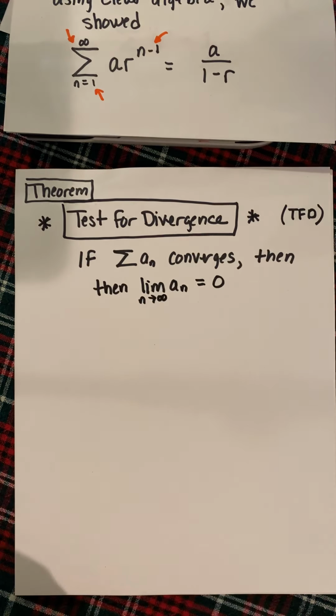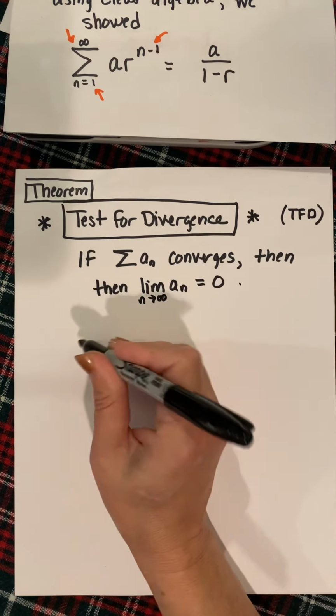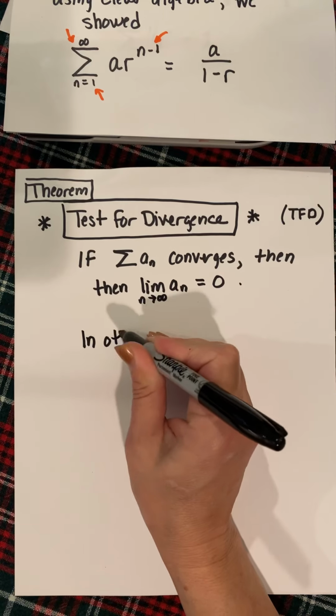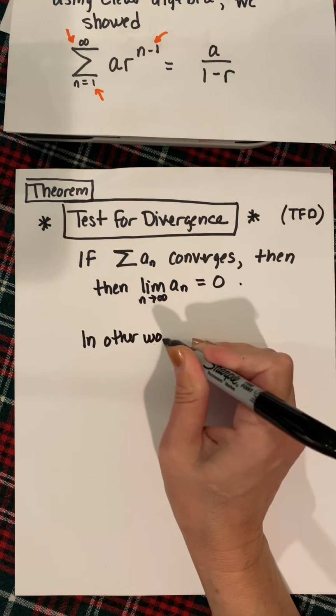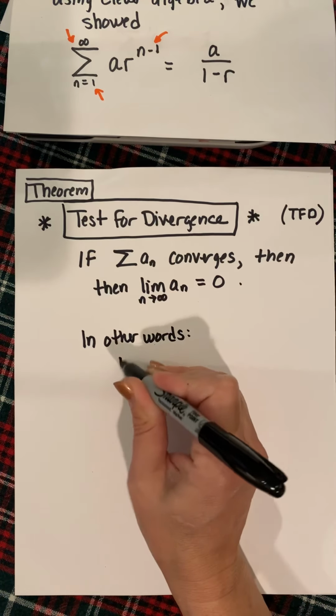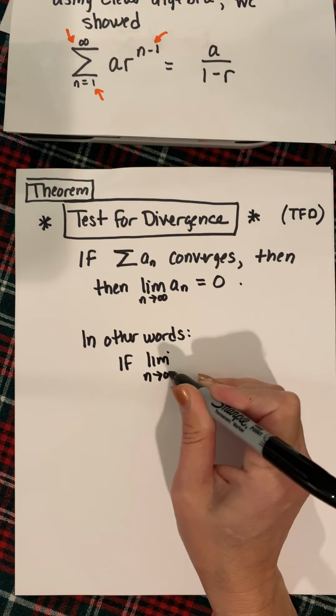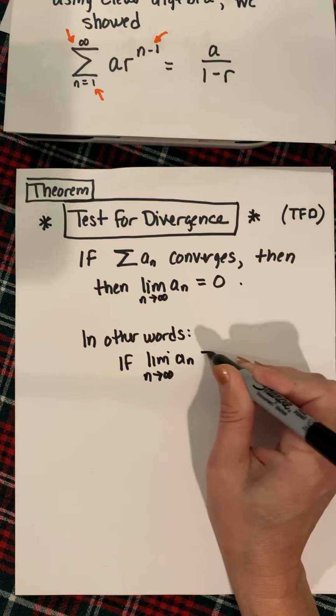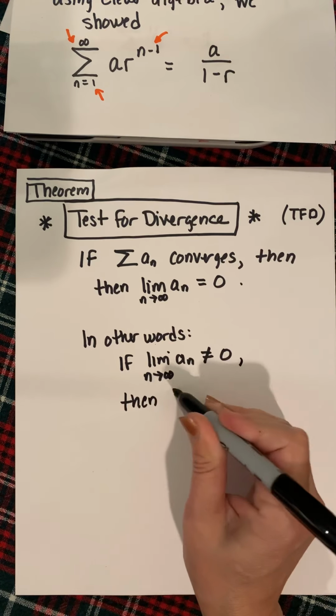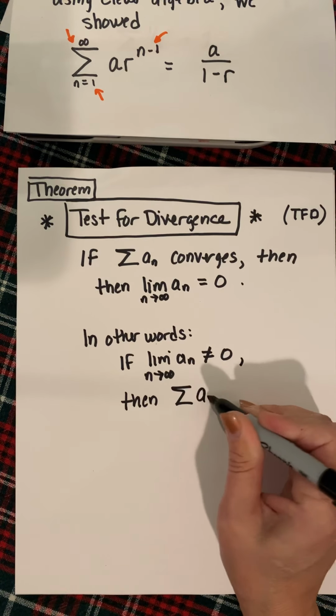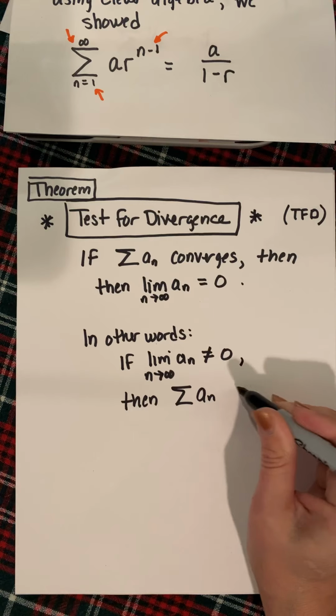In other words, if the limit of the corresponding sequence does not equal 0, equals infinity or any other number, then the corresponding series diverges.